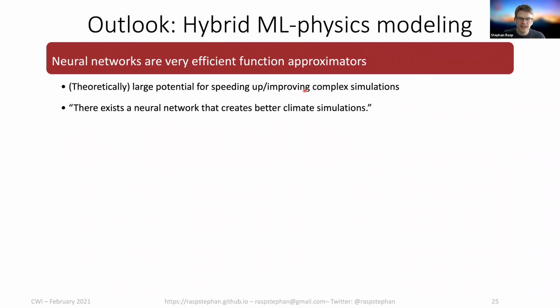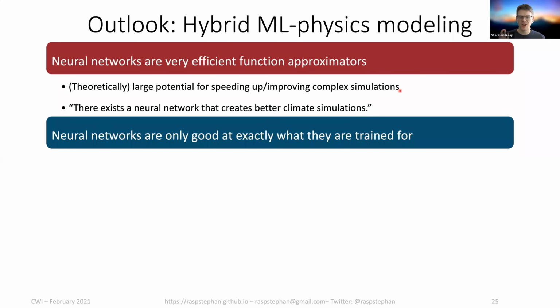So there's theoretically a huge potential for speeding up or improving complex simulations. I would say that there exists a neural network that creates a better climate simulation. I'm sure it does. The question is just, how do you find it?